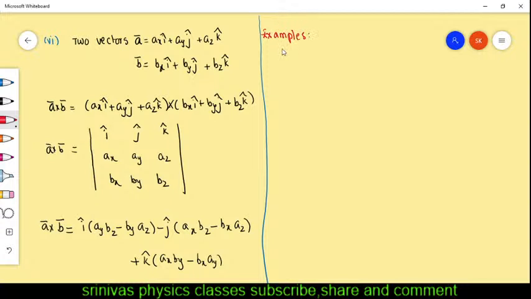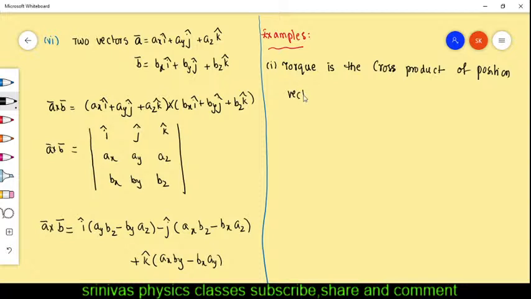The first example is torque. Torque is the cross product of position vector and force. We write tau bar is equal to r bar cross f bar.